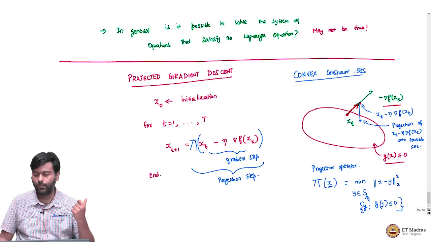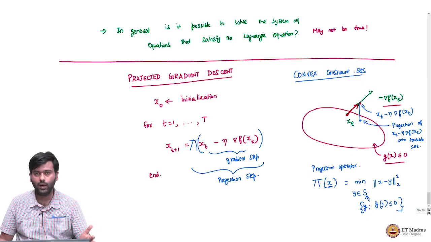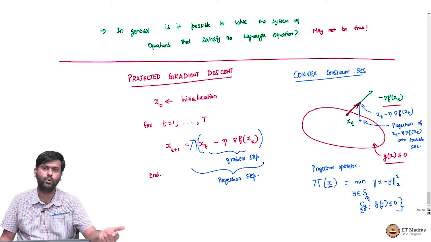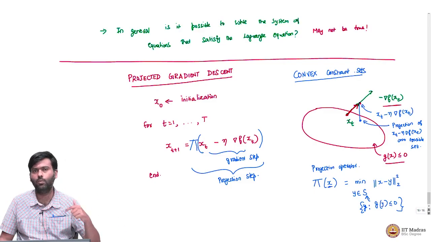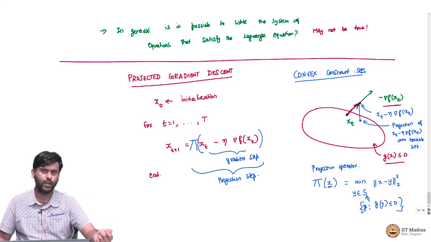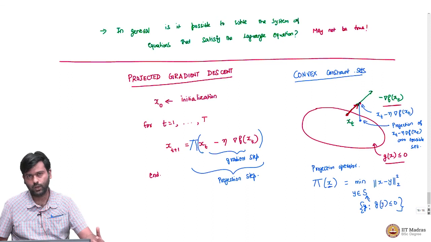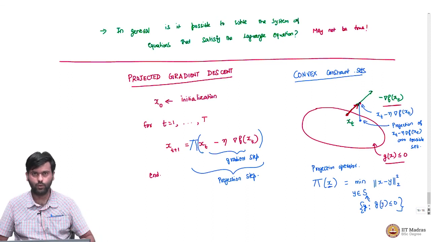So, as long as the set is convex, this algorithm will do well, and if your function has more nice properties, some of which we will talk about next time, this algorithm will do even better, right? Even better meaning that of course you will reach only the optimal point, so there is nothing more with respect to the point that you will reach that you can do better, but you will do better in terms of how fast you will reach that point, right? So, that can be argued in this case.